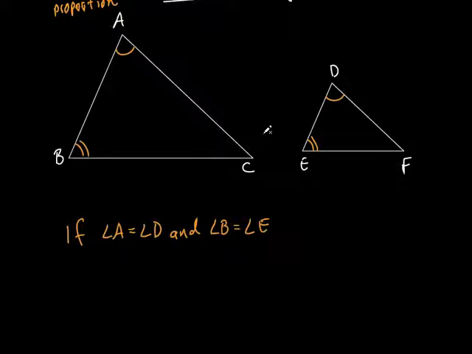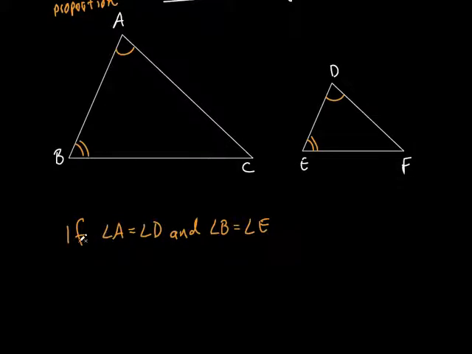I don't even have to say anything about the sides being in proportion. All I have to be able to do is show that 2 angles of one triangle equal 2 angles of another triangle, and if I'm able to show that, I can say those triangles are similar. I don't have to know anything about the sides. All I got to know is 2 angles here equal 2 angles here. Bang. That's enough to say that they're similar.